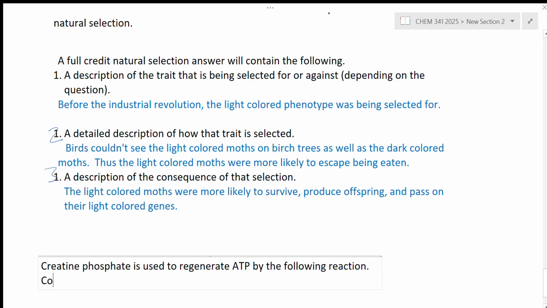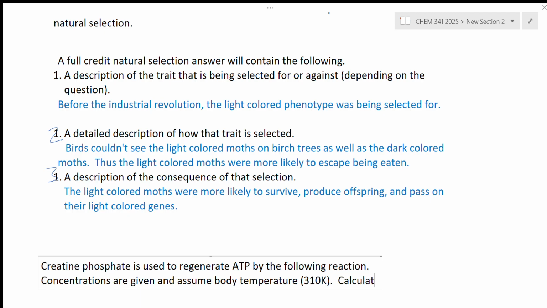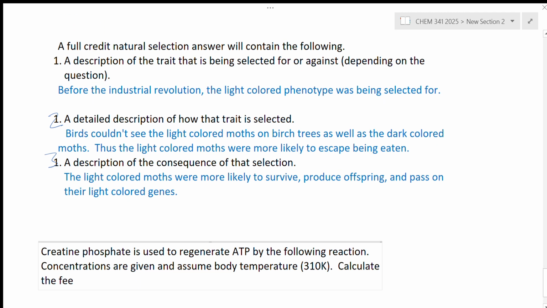Concentrations are given, and assume body temperature, which is 310 Kelvin. Calculate the free energy for this reaction.